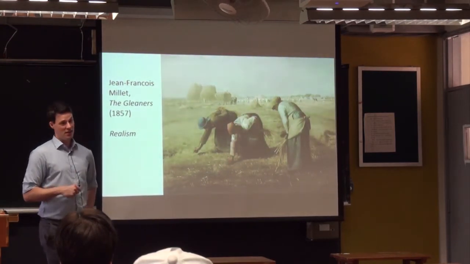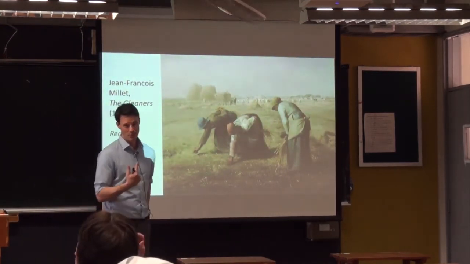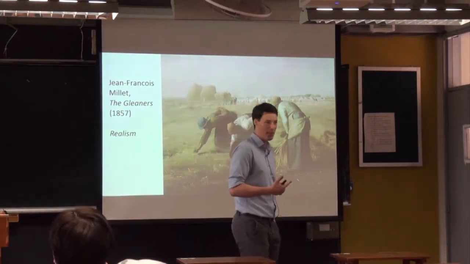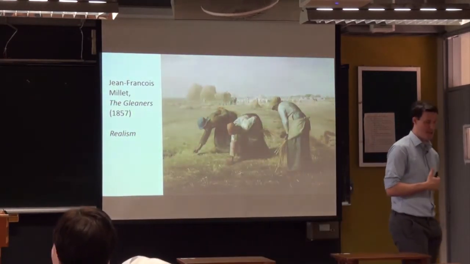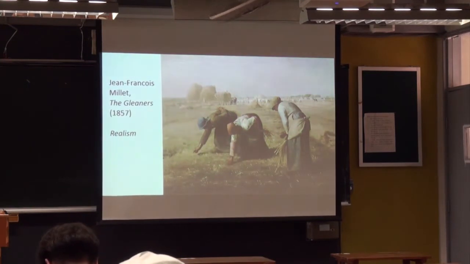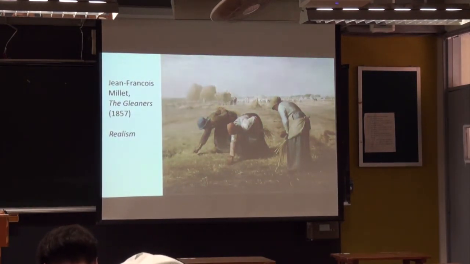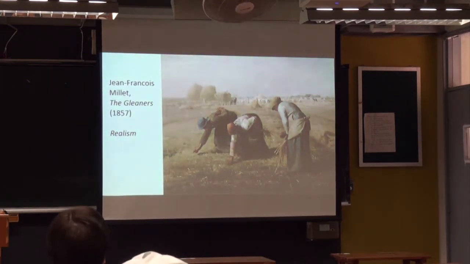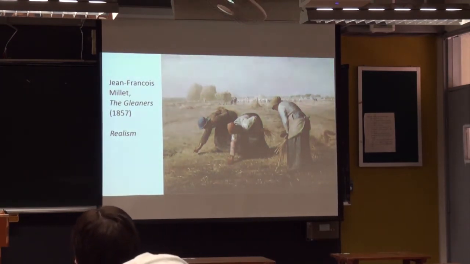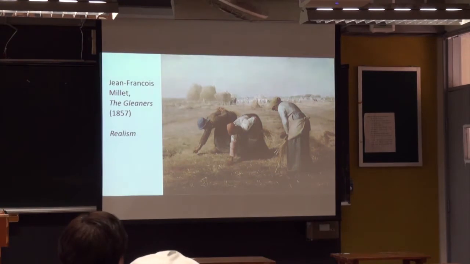What about color? If I asked you to write about color in this painting, what would you say? You might say, well, there's a lot of neutral color in that painting, right? I mean, it's not very exciting.